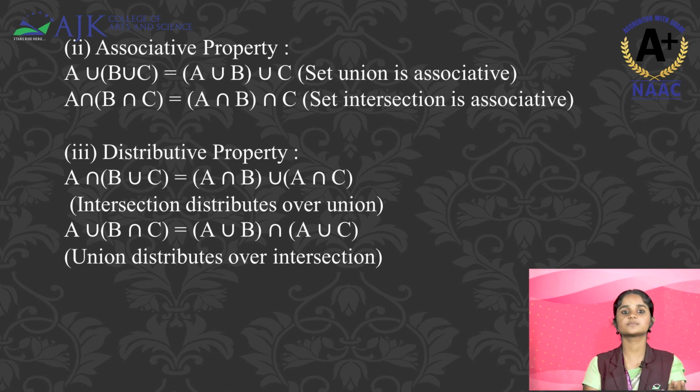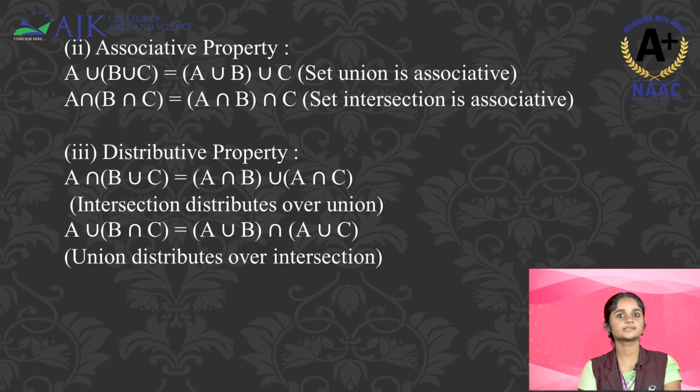Same in the RHS part, 1 plus 2 plus 3, so the answer will be the same. In the associative property, both the LHS part and RHS part will be the same, but we show the difference by its brackets. In intersection, A intersection B intersection C equal to A intersection B intersection C.